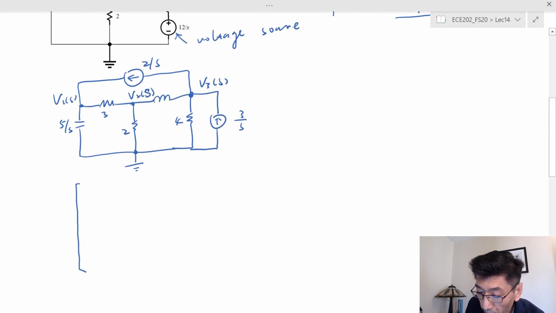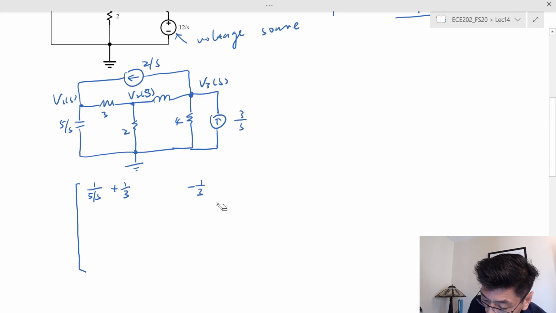The matrix is going to be 3 by 3, right? For the diagonal elements, that's the sum of the admittances. For the first one, we have 5 over s plus 1 over 3. Between 1 and 2, I get a negative 1 over 3. Between 1 and 3, I get a 0.